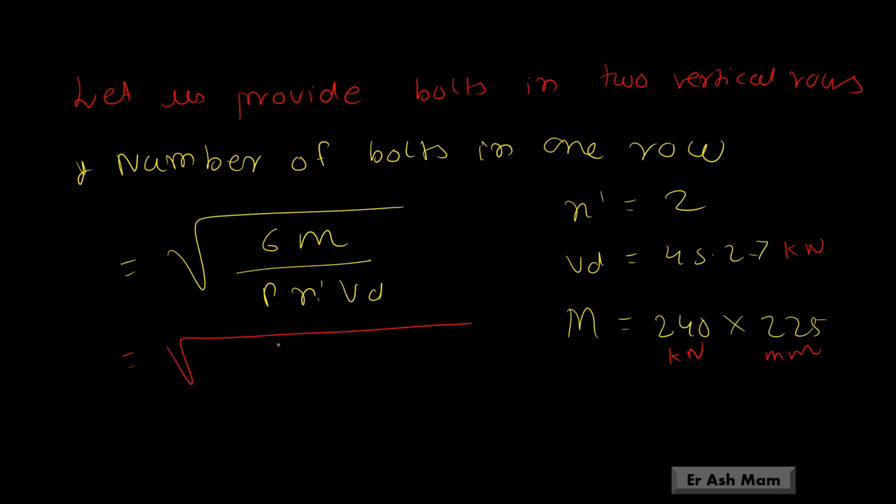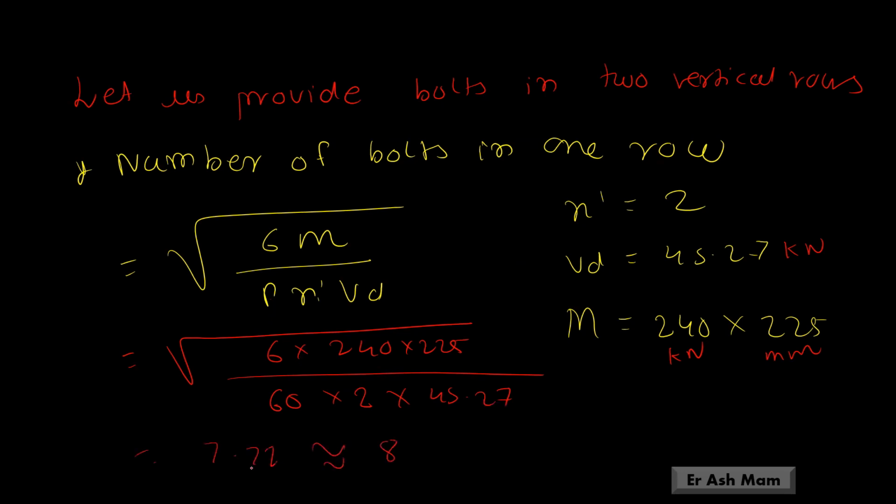Let's put all values. 6 as it is. M is 240 into 225, P. This P is pitch, not load. Okay. So pitch is given 60, as you already calculated with the help of 2.5 into diameter. n is 2, VD is 45.27. Therefore, number of bolts equal to 7.72.